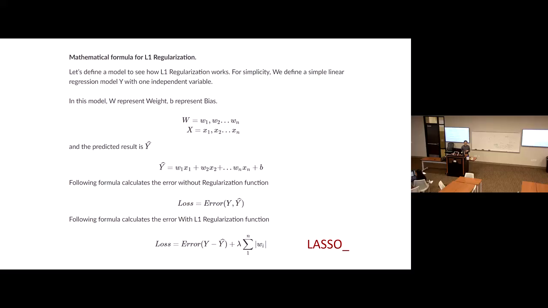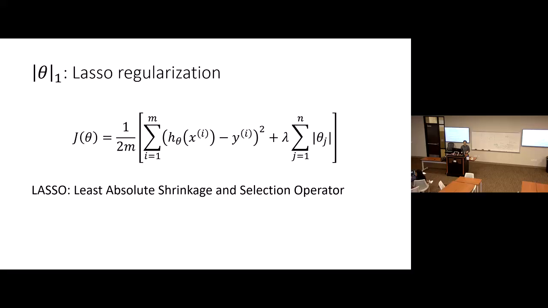I don't know if you get it. Let me know if you have a question, maybe in the computer session. For all these regularization formulas, you always see this term: the difference between your prediction and the real value, squared.